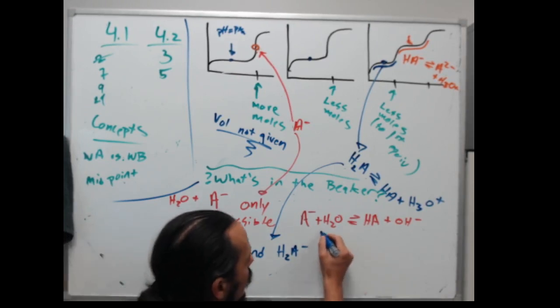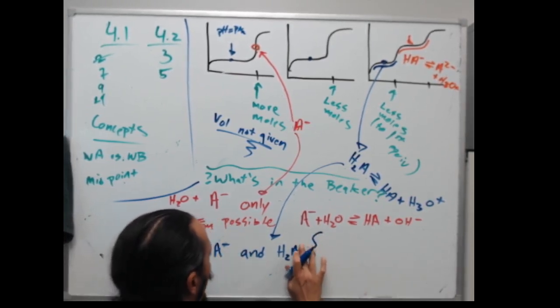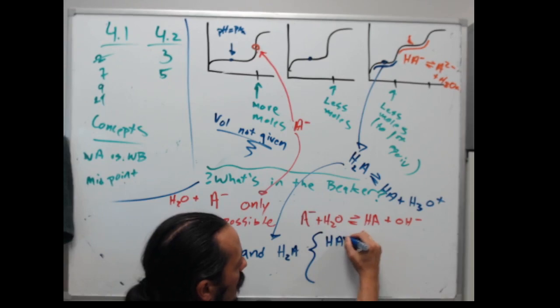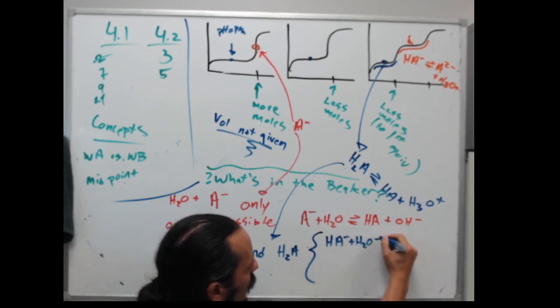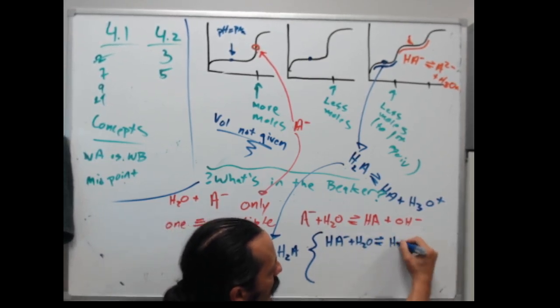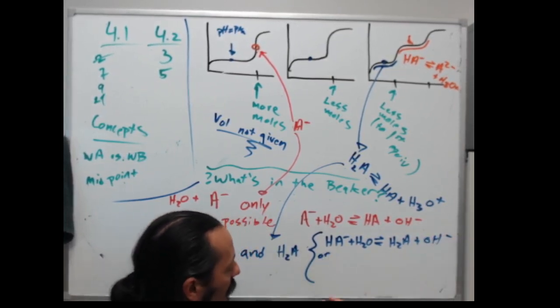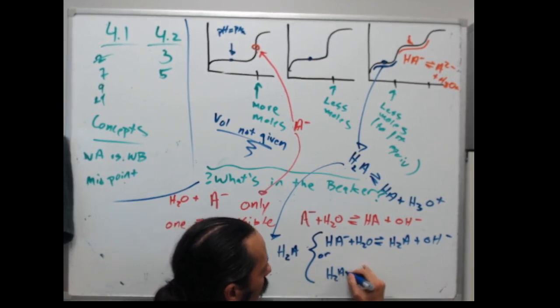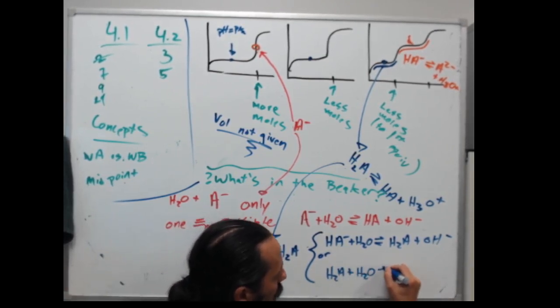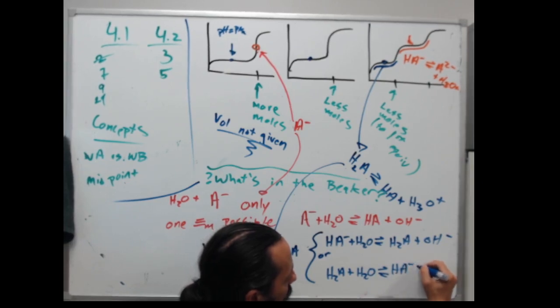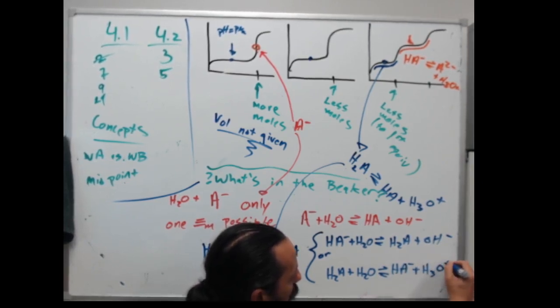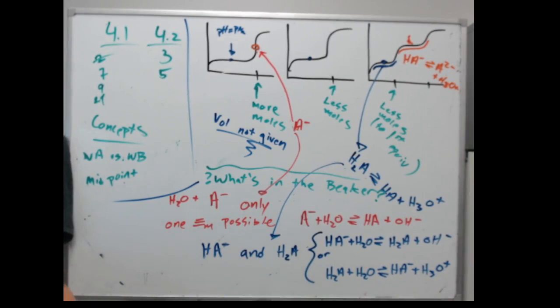I can look at HA minus plus H2O goes to H2A plus OH minus, or I can look at H2A plus H2O goes to HA minus plus H3O plus. Both of those ways we represent the equilibrium are valid.